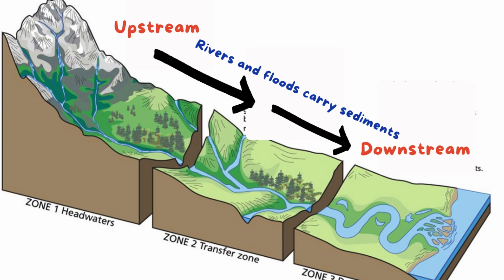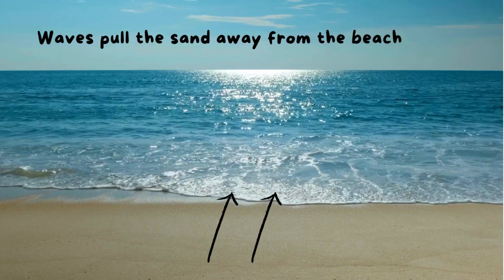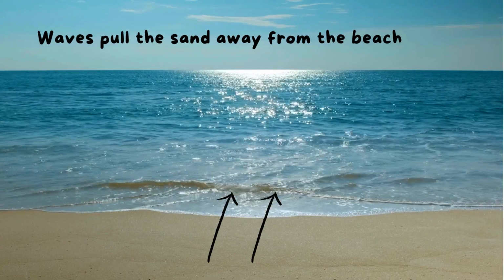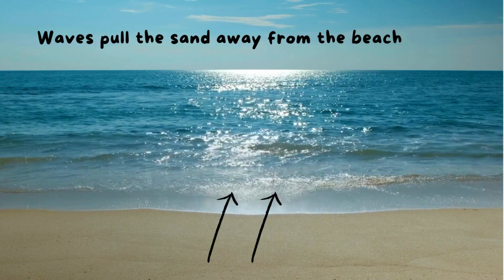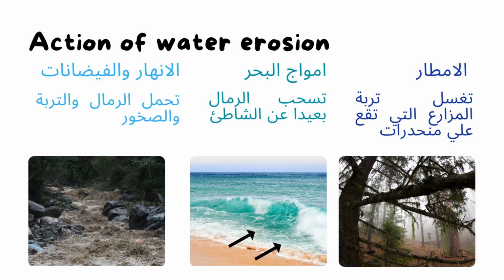Also, now we will talk about the sea waves, as the sea waves pull the sand away from the beaches. It takes the sand from the beaches, as you see here. So is it clear that the waves pull the sand away from the beaches? And the last action of water is the rain.